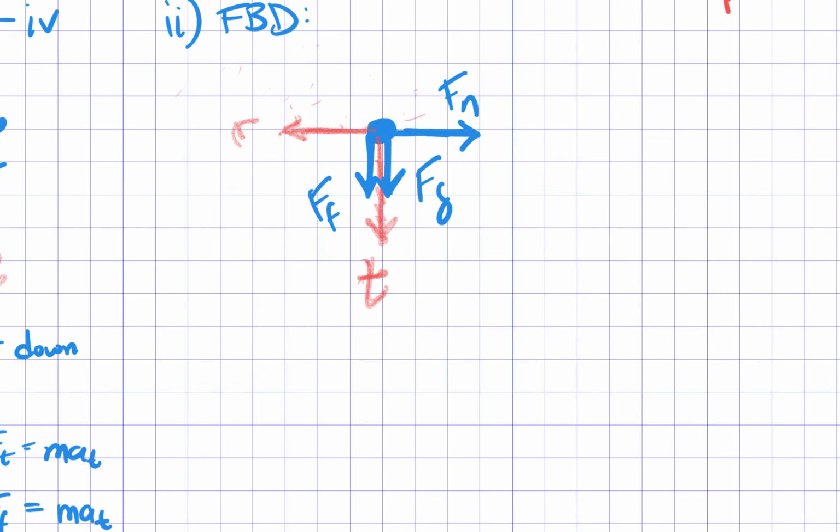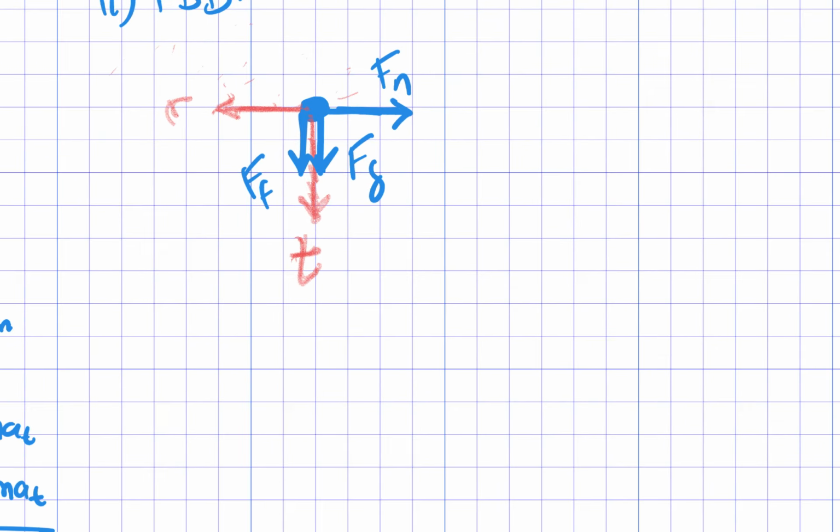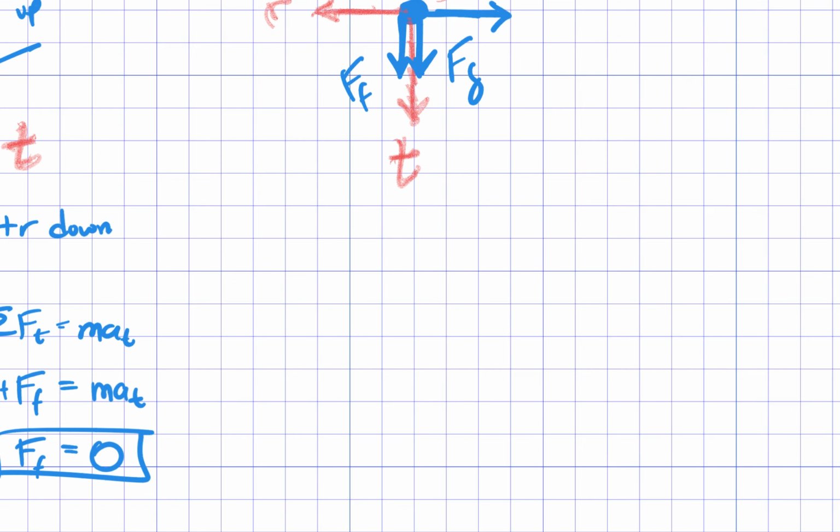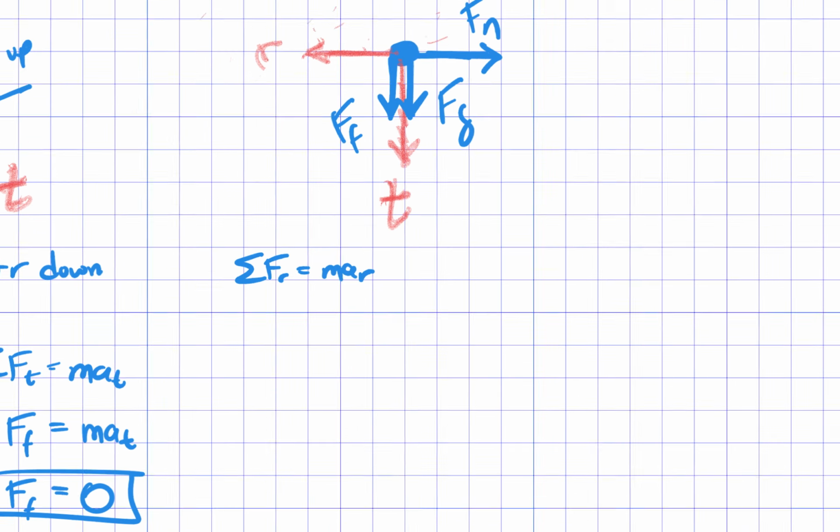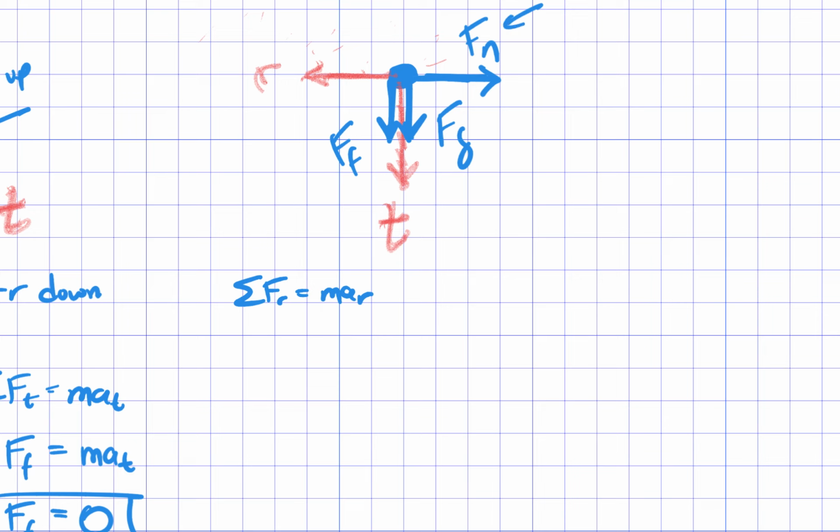Let's just always go in the same order for all of these. Sum of the forces in the R direction equals m a sub R. In the R direction, I've only got the normal force. So force of normal equals, we're going to leave that right-hand side alone, m a sub R. The normal force is in the negative R direction. Notice it's inward when the R direction is outwards.